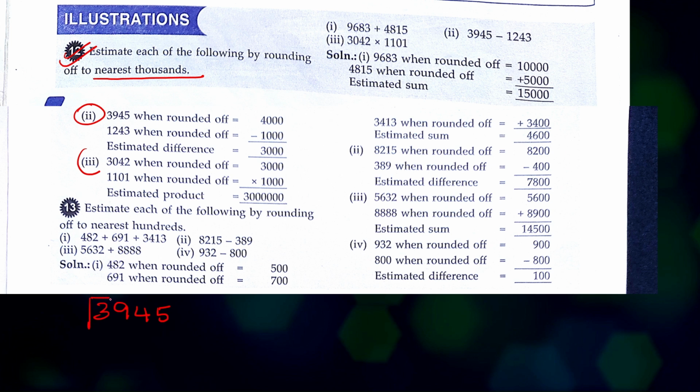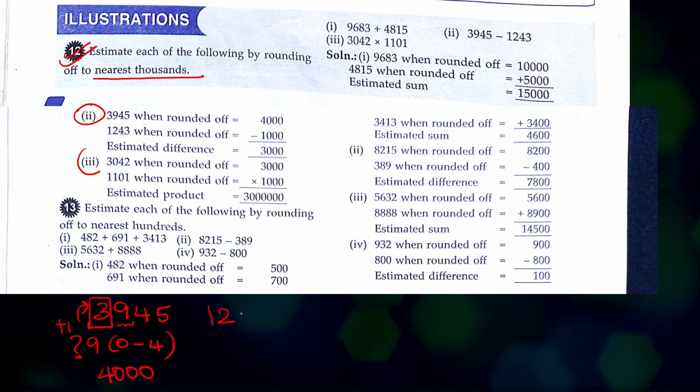This is the place they want us to focus on. For this you have to check the place adjacent to it, which is the hundreds. It is 9. Is it in the range inclusive of 0 and 4? No, it is greater. So you add plus 1 to the thousands. So it is 4000.